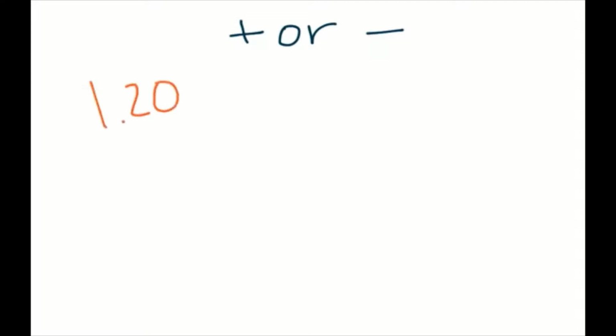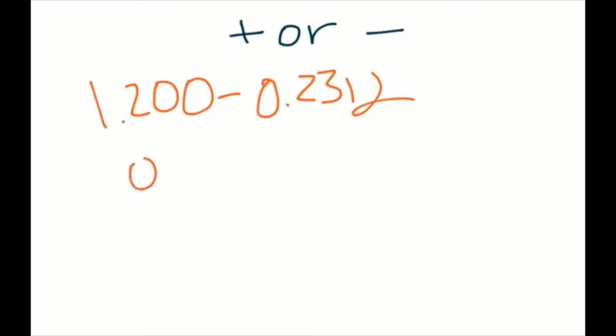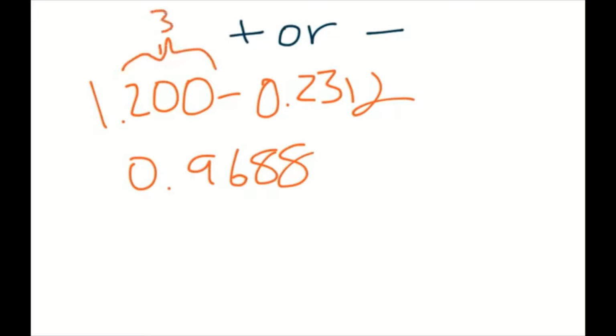1.200 minus 0.2312. Well, my calculator spits out 0.9688, but we have to limit the number of decimal places to the least of the two we subtracted. 1.200 has 3 decimal places, and 0.2312 has 4 decimal places.